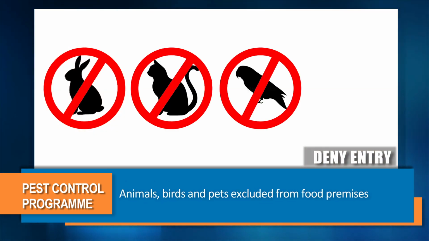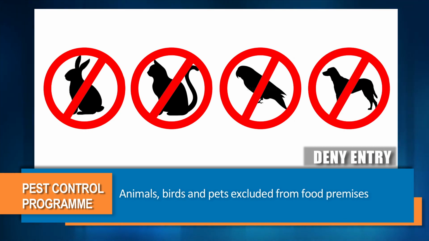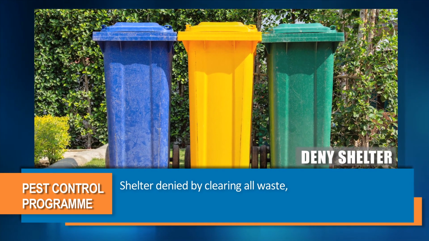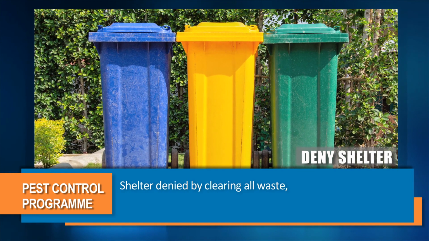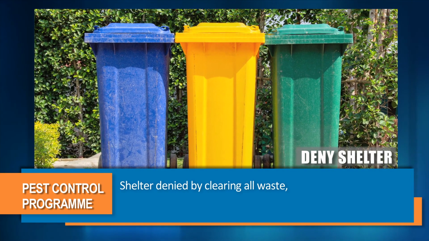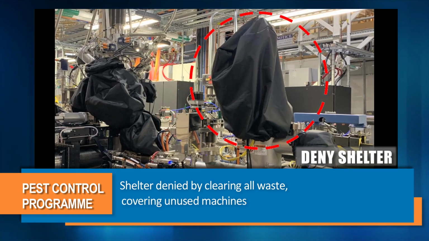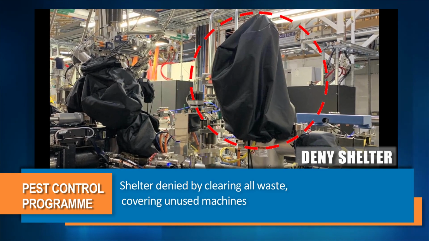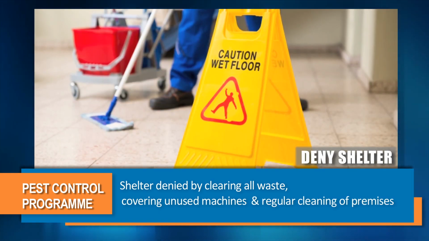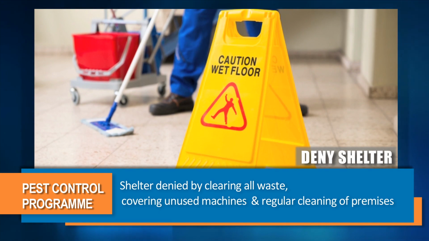Animals, birds, and pets shall be excluded from the food premises. Deny shelter, meaning shelter shall be denied by cleaning all the waste, covering all the unused machines, and regularly cleaning off the premises.